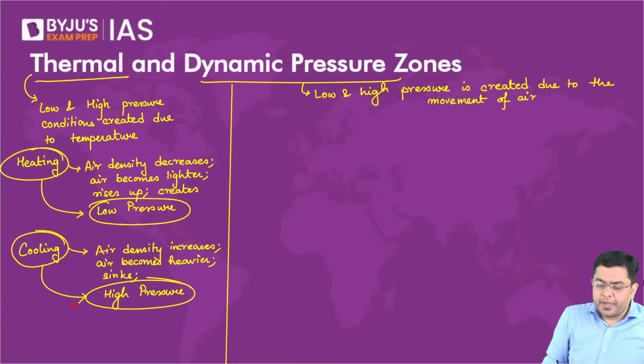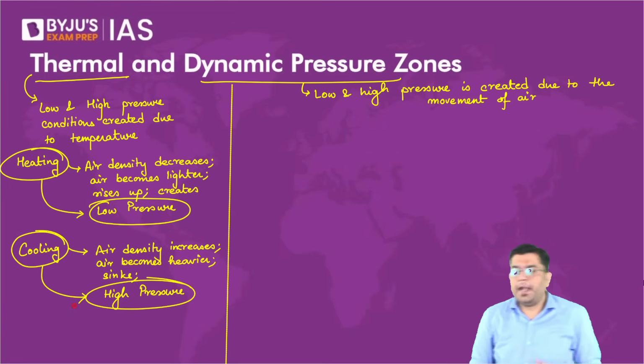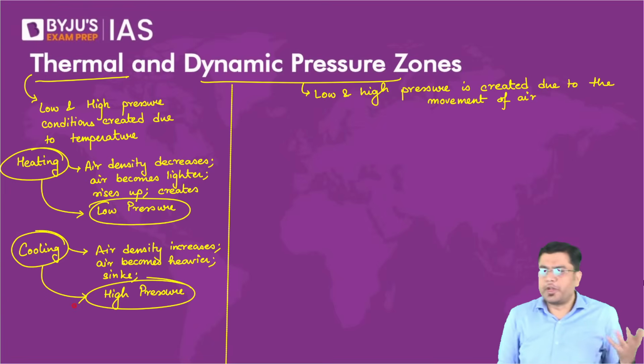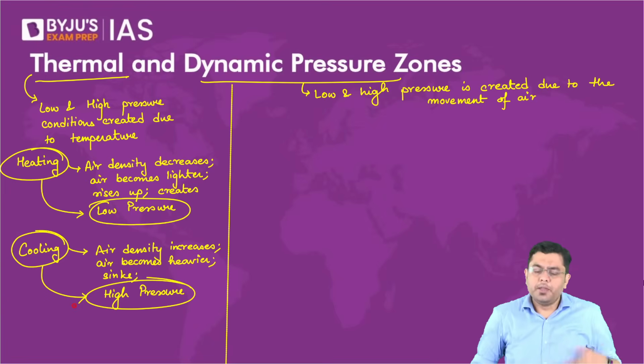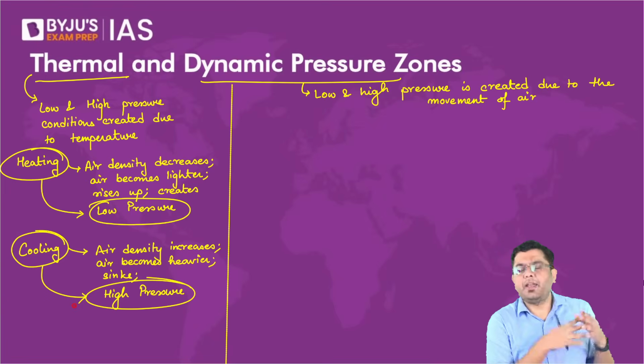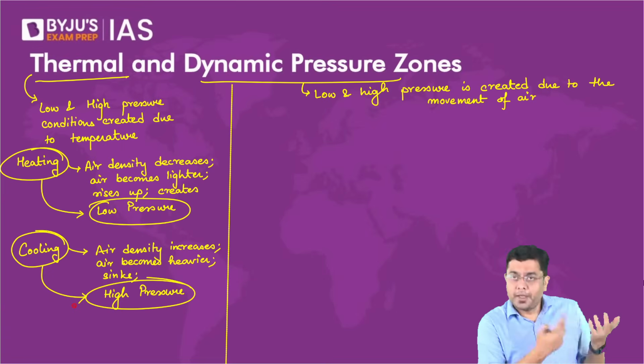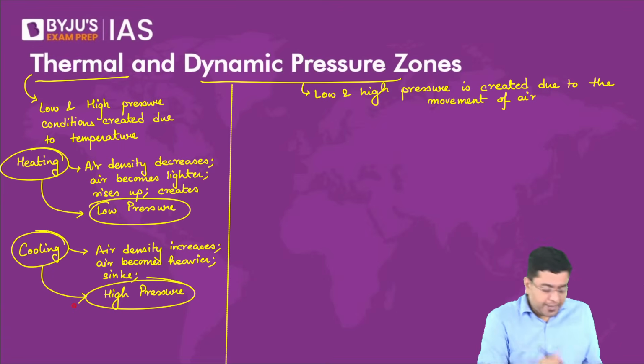So this is the condition of the thermal high and low pressure which is created due to the conditions of heating and cooling. So wherever the region is heated, there can exist a condition of low pressure. Wherever the region is cooled, that can create a condition of high pressure.